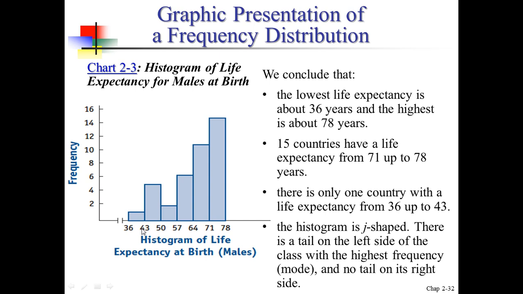Almost 6 times: 1, 2, 3, 4, 5, 6. So 36 starting from 0 should be around here. But why is 36 here? Because I use the axis break. Why do I need to make it shorter? Because this area is nothing.